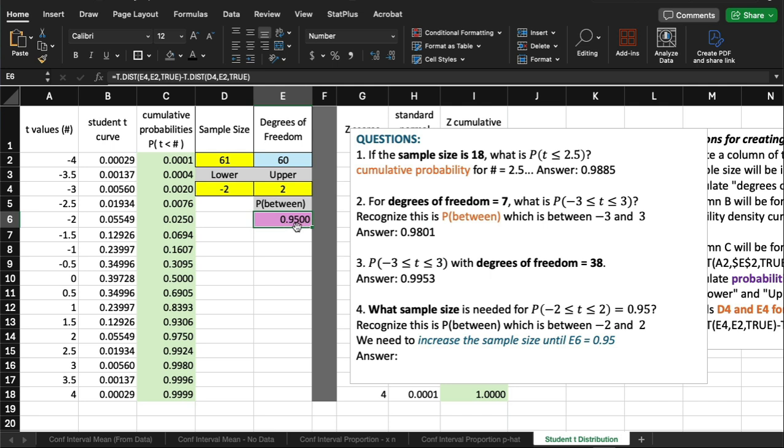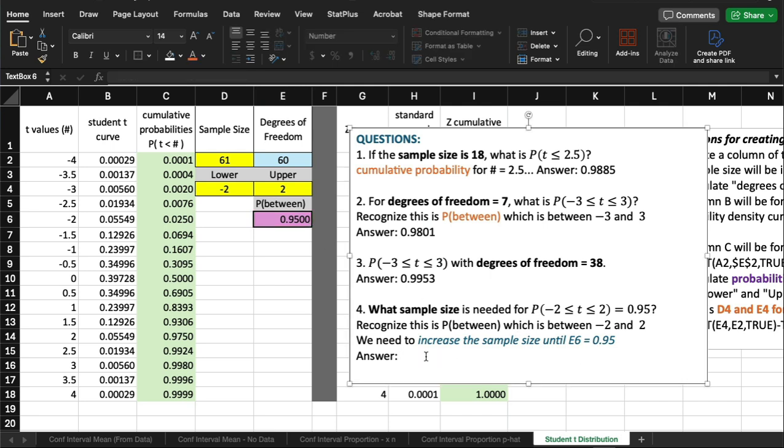If you can get to 0.9500 within 4 decimal places, then you are fine. So the answer is that we need a sample size of n equals 61 if we want the probability of a t-score being between -2 and +2 of 0.95.